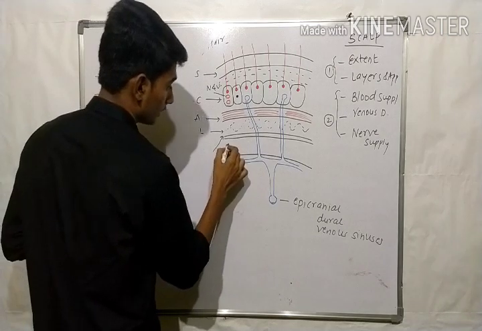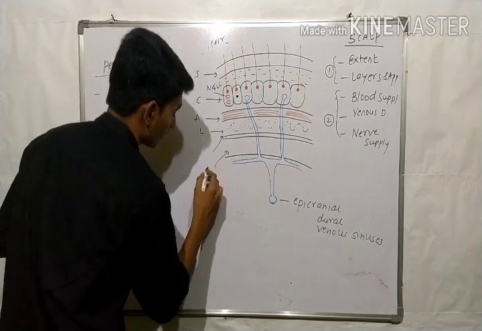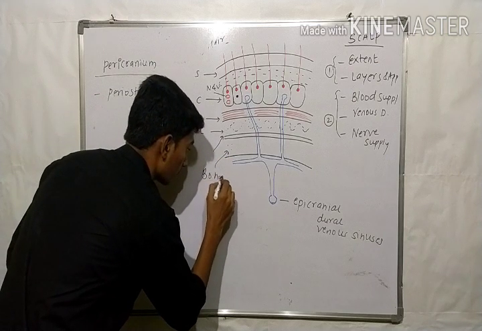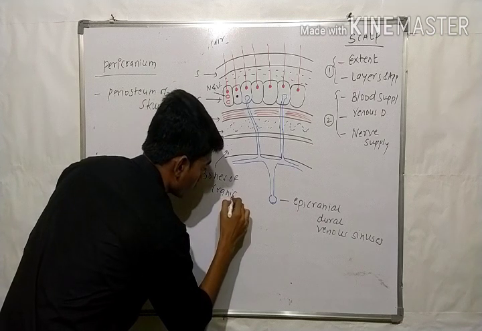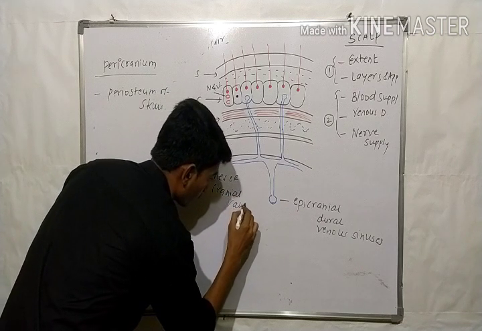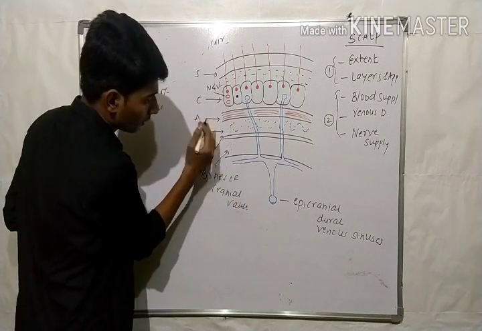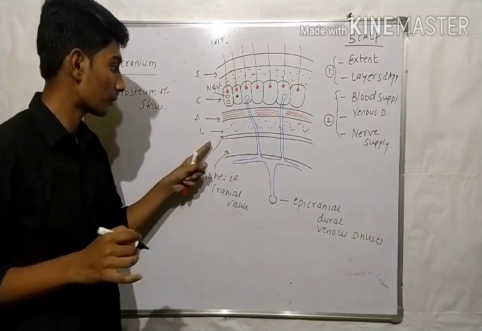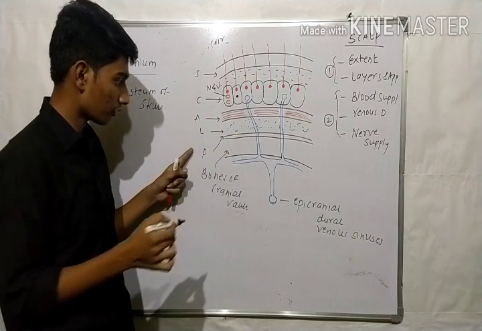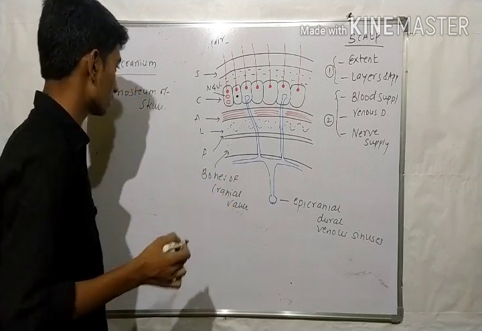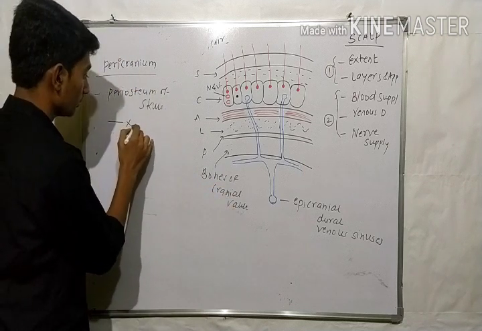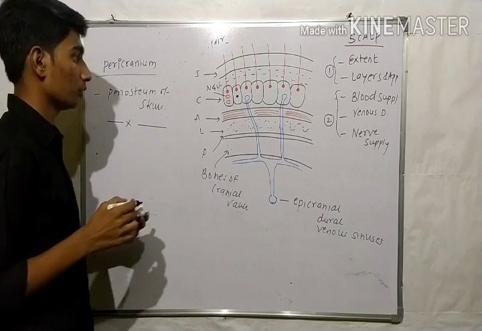These are bones of cranial vault, and before this there is a pericranium. So this pericranium forms the periosseum for the skull bones.